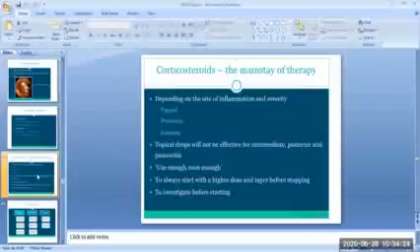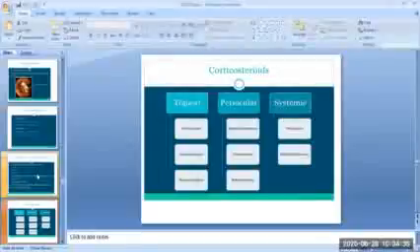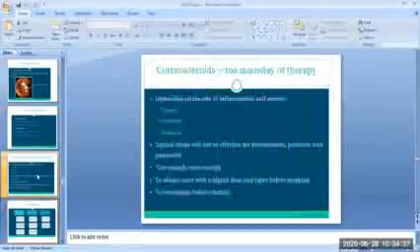We should start with a high dose of corticosteroids, and then later taper down the dose and stop it. And we should investigate properly before starting the corticosteroid.